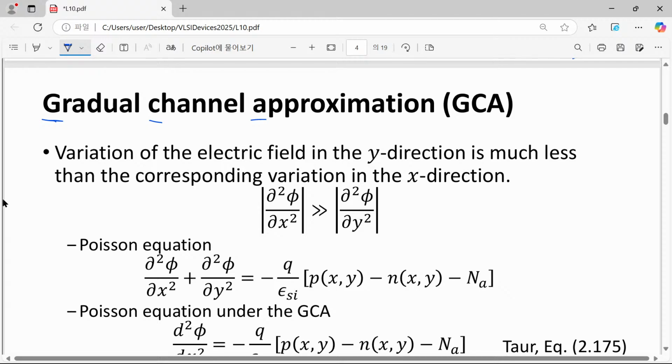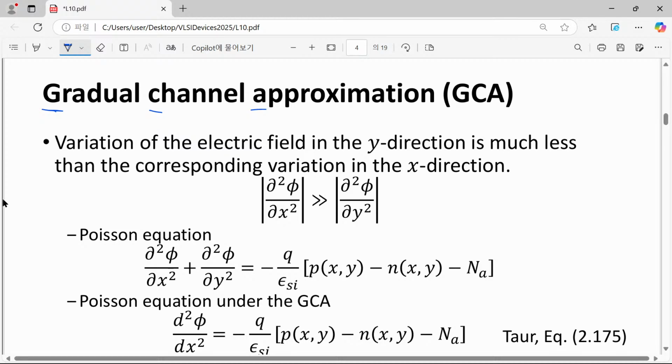But you know that will take some time, so right now we will live with this gradual channel approximation. But anyway, gradual channel approximation is really important for our discussion.